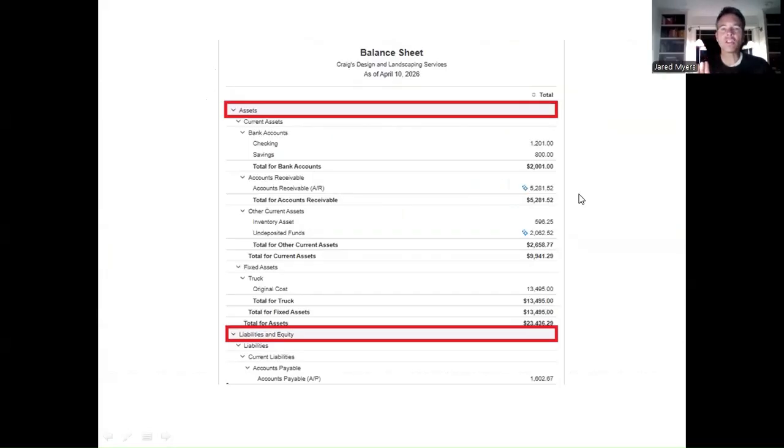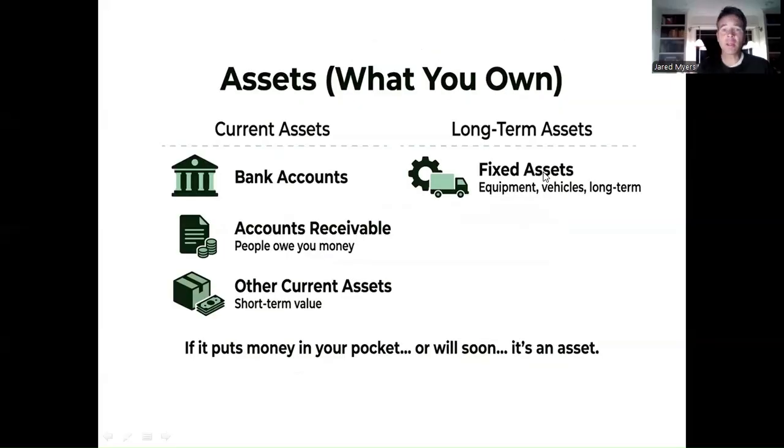Once you open your balance sheet, you'll see two major sections. Assets at the top, liabilities and equity at the bottom. Now let's break it down like this. Assets, what you own. You'll see bank accounts, accounts receivable, people owe you money, other current assets, fixed assets, like equipment, vehicles.